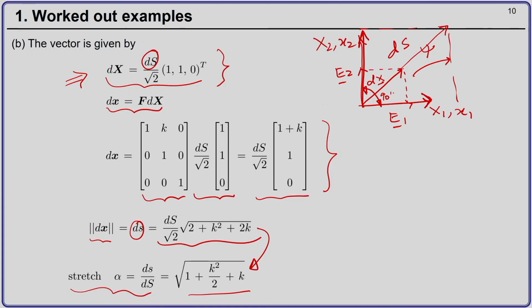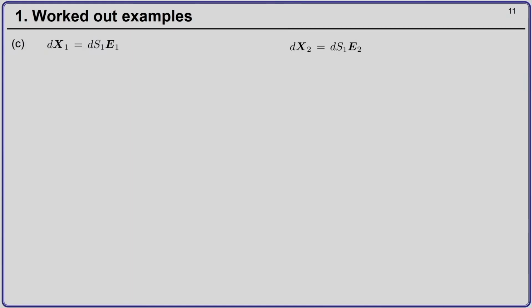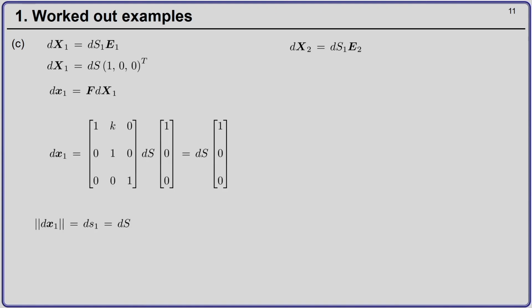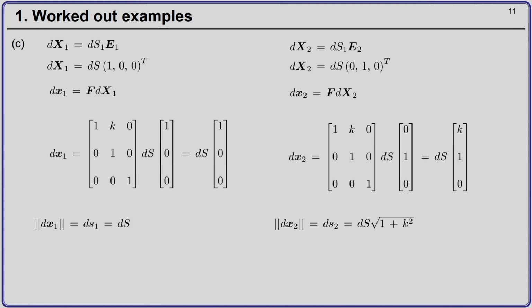Initially the angle is 90 degrees and we want to find out what it becomes. We already derived this: in the first case there is no stretch in the x1 direction, and this is the change in the x2 direction.